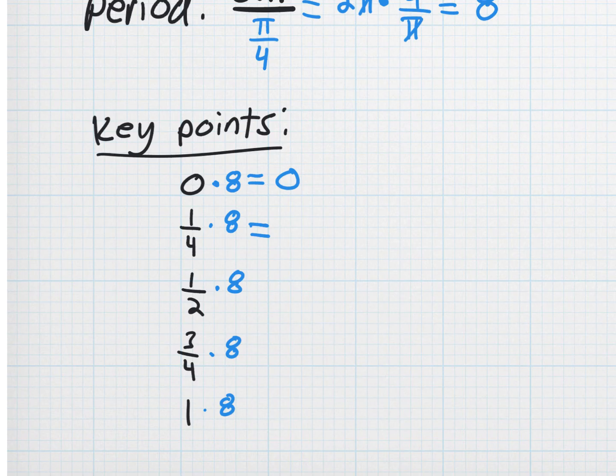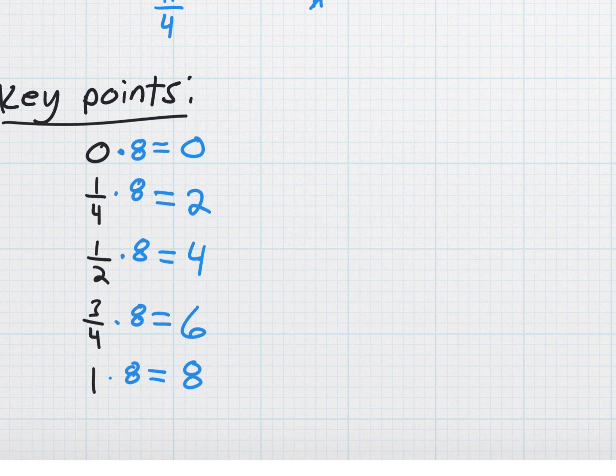Okay, 8 over 4, which gets you just 2, right? 1/2 times 8 would get you 8 over 2, which is what? 4, good. 8 times 3 is 24, divided by 4 should get you 6, and then 1 times 8 is just 8, right? They're always going to go up the same amount each time.